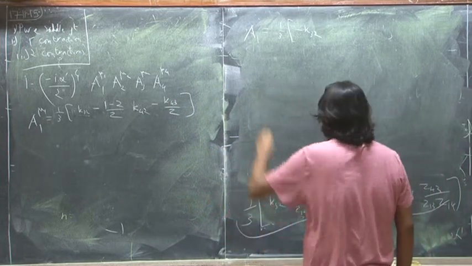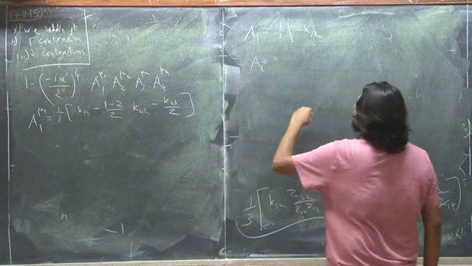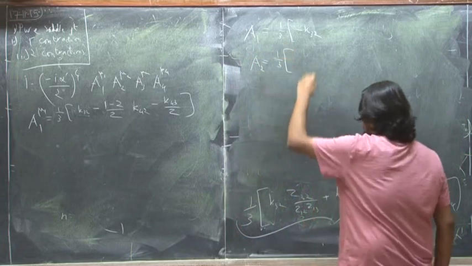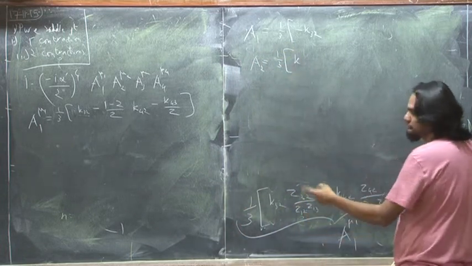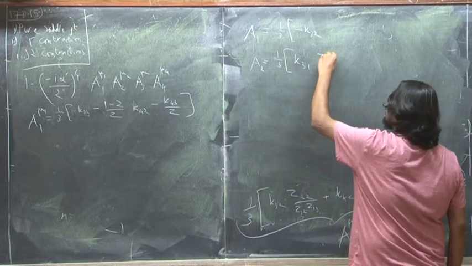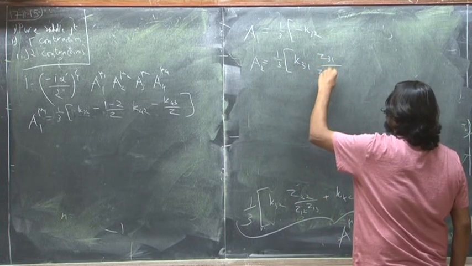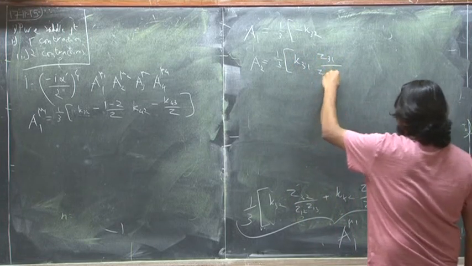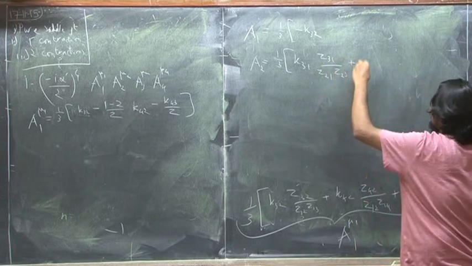Now A2, let's write it in this form. 1/3 of A2. I'm going to use the algorithm I told you: replace 2s with 1s and 1s with 2s. Z31, Z31, Z21, Z23, yes. Plus K41.